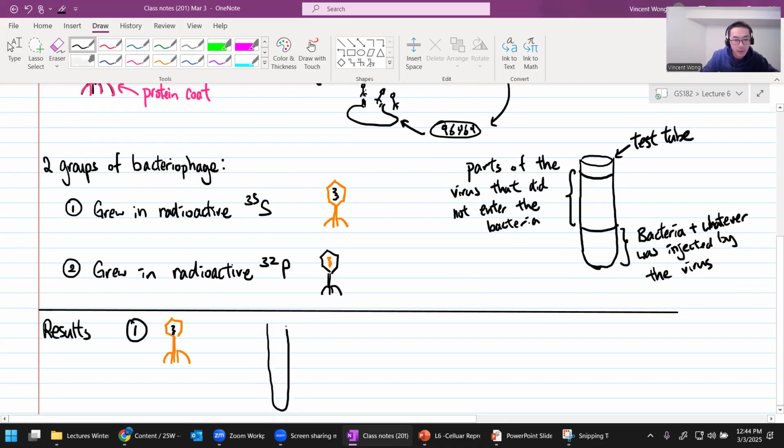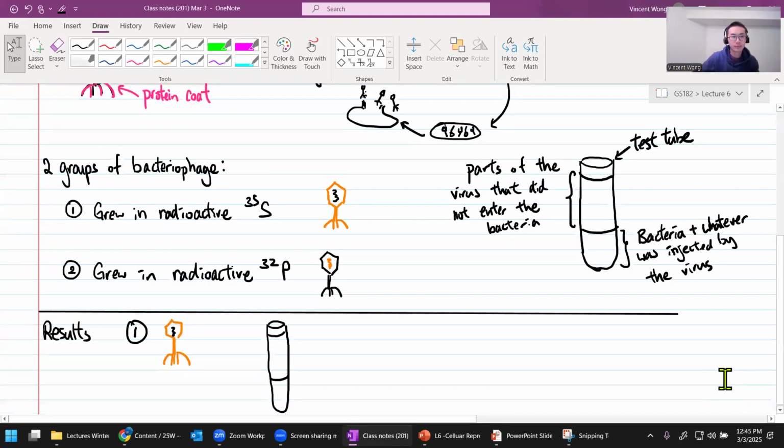And when you spin down the mixture after the infection, do you expect to detect the radioactivity at the top portion or the bottom portion? Based on everything that we've discussed, do you think the radioactivity from the protein shell will be detected at the top portion or the bottom portion?